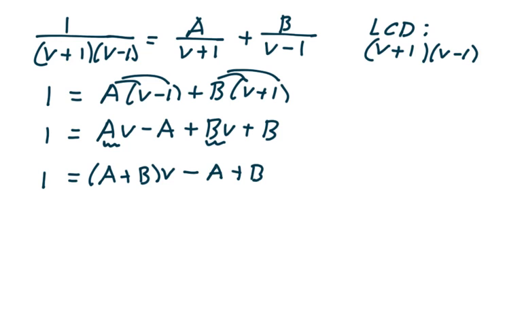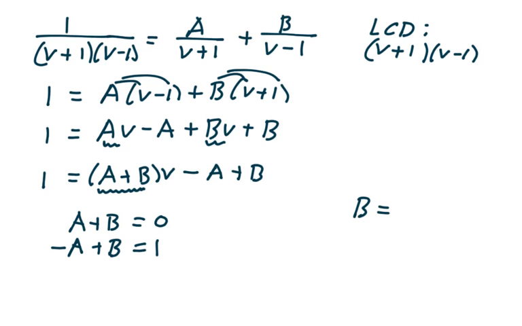Now, what that tells me is that a plus b has to add up to 0 because on the left-hand side of the equation, there's no v's involved, right? And so here, a plus b is forced to be 0. And negative a plus b equals 1. And if you remember, if B equals C and D equals E, if I add up the left side, I get B plus D. And that's the same as adding up the right side.